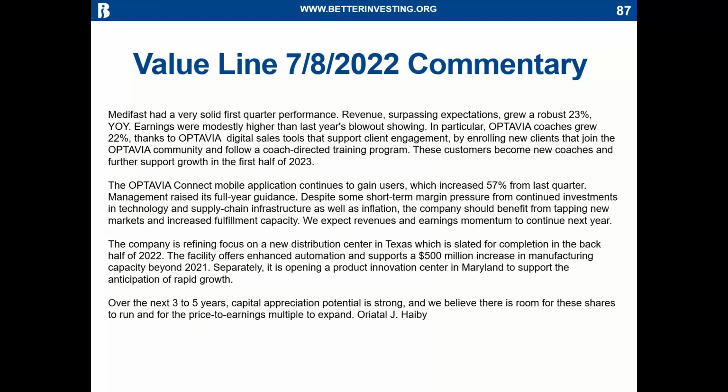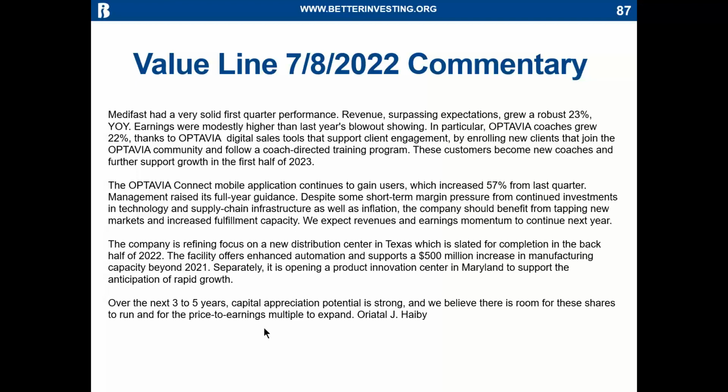So Value Line, back in this current one on 7/8/22, the commentary: it's a solid first quarter performer. The revenue surpassed expectations, grew a robust 23% year over year. Earnings were modestly higher than last year's blowout, and as has been discussed before, when you've got a year in the pandemic where everyone's staying home and trying to do things to keep their weight in check, you're going to have blowout earnings, and then you can't just keep that growing.